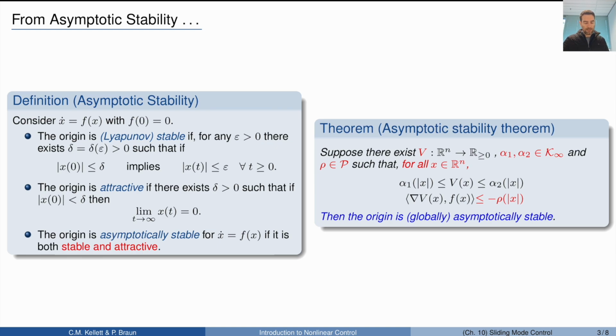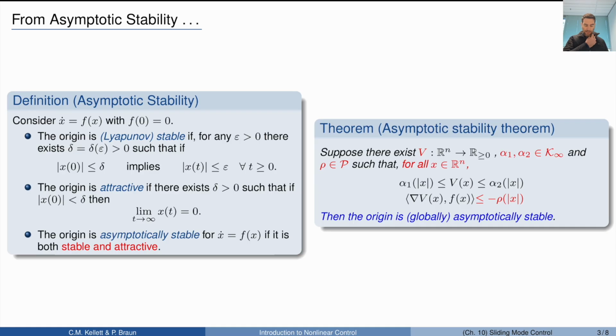Well, asymptotic stability for a system x dot is equal to f of x with equilibrium at the origin was defined through stability and attractivity, where stability means that if we start close to the equilibrium, so if the norm of x of 0 is less than delta, then that needs to imply that the corresponding solution stays within an epsilon neighborhood for all times t bigger than 0.